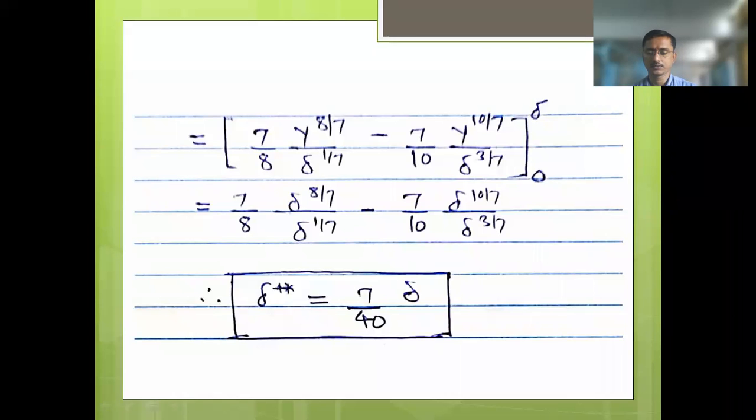So time is about to finish. Let me take your attendance. So we have completed unit number 5. From the next lecture, we will start with unit number 6, that is dimensional analysis.